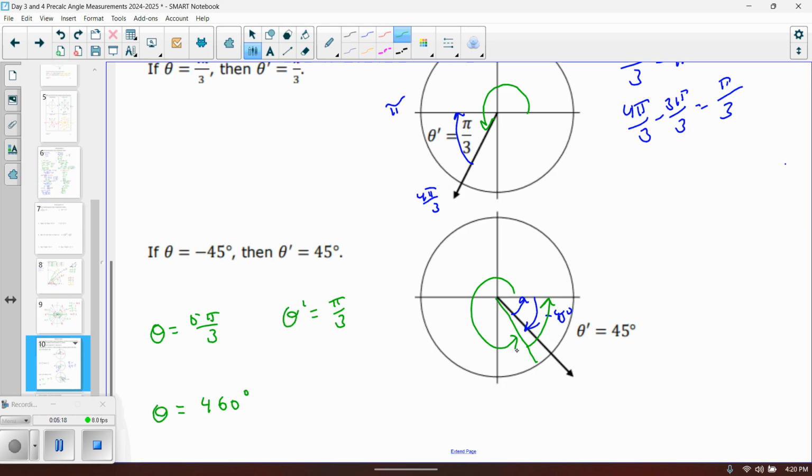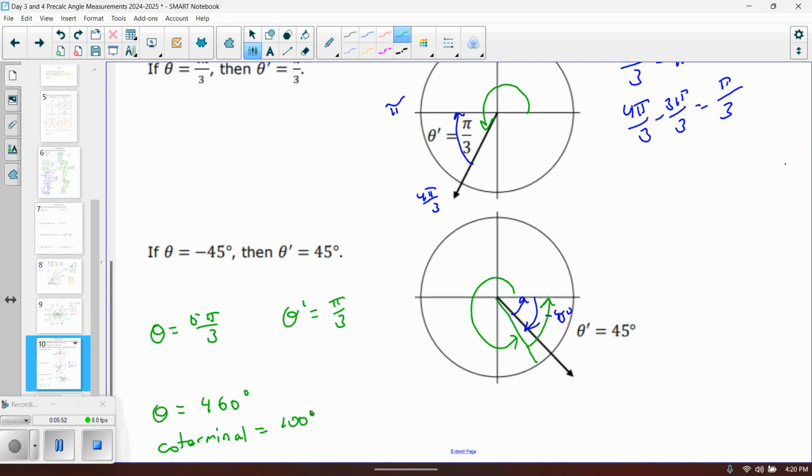460 degrees is not quite as easy to do because that is definitely over one full circle. So we want to put it into the terms of what it would be if it was one circle, or basically come up with its coterminal angle. We would do that by simply subtracting 360 degrees. So we would get a coterminal angle, which just means that it ends in the same spot, of 100 degrees, and that's by subtracting 360.